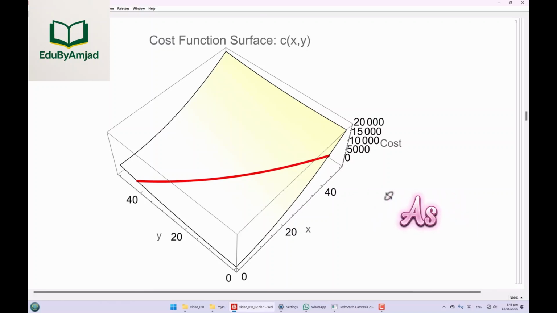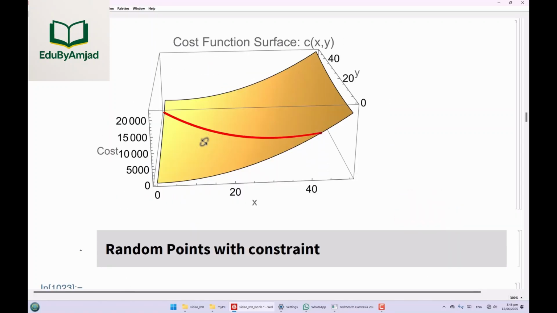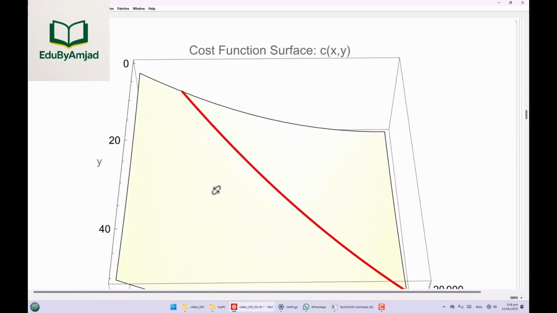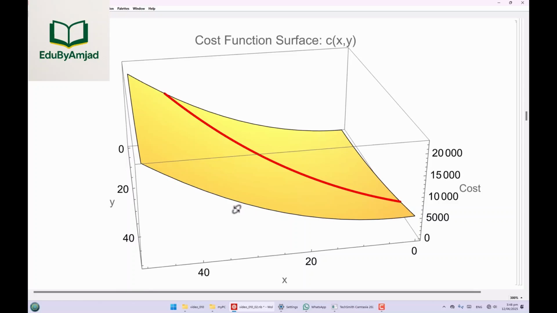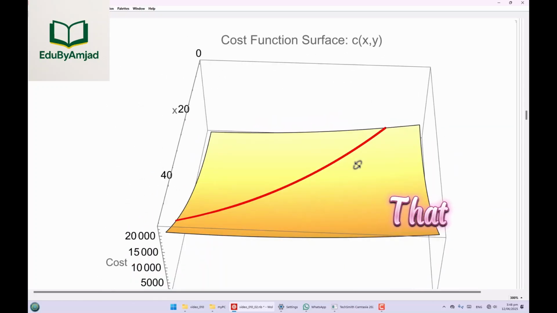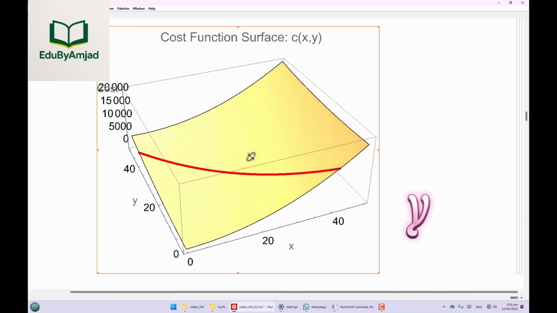The constraint line is added as a ParametricPlot3D. Note that one end of the line is at 42 on the x-axis and the other at 42 on the y-axis.